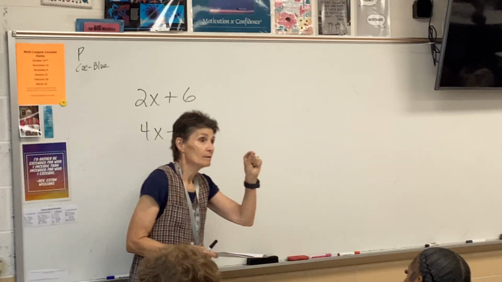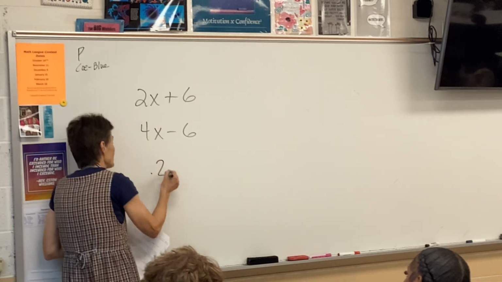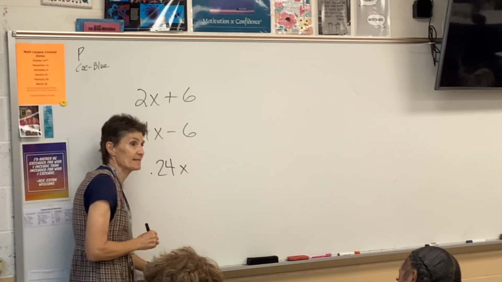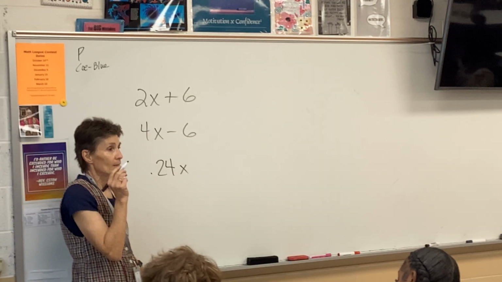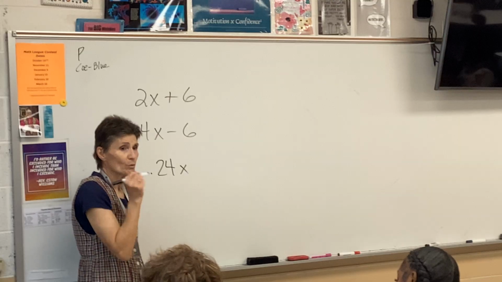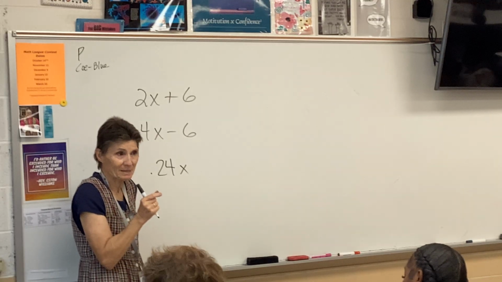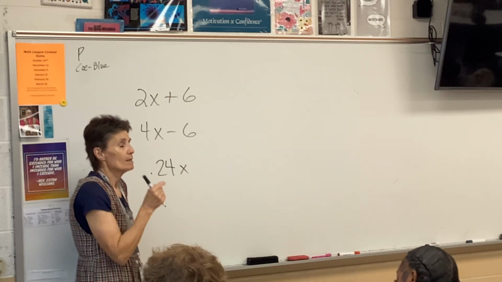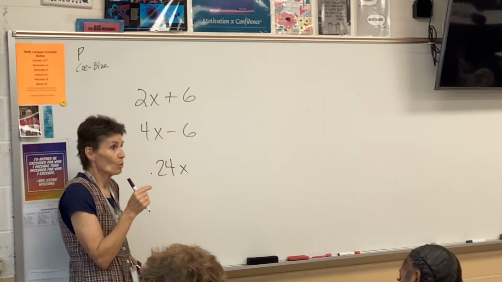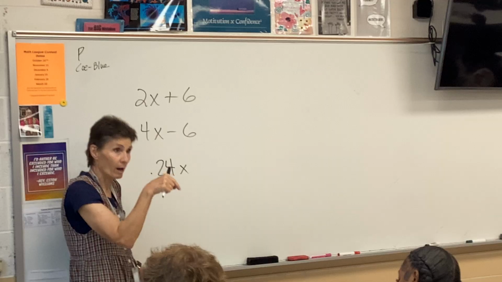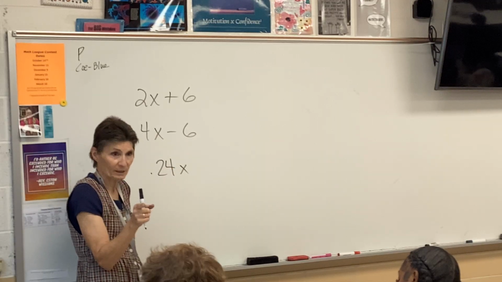So it's 0.24 times x. That's exactly right. So Gabby and Levi have both put together very important pieces here. First of all, the word of in mathematics means multiply. So when it says 24% of something, that's a multiplication.